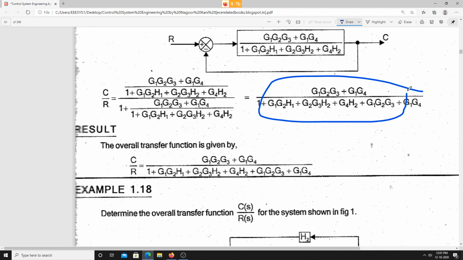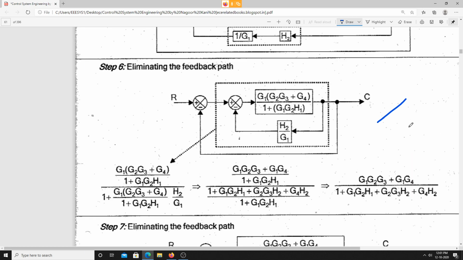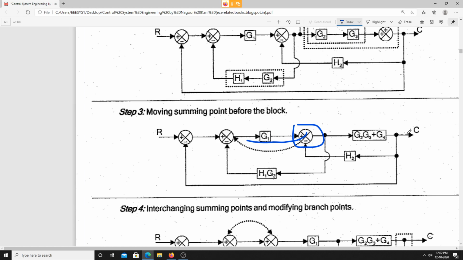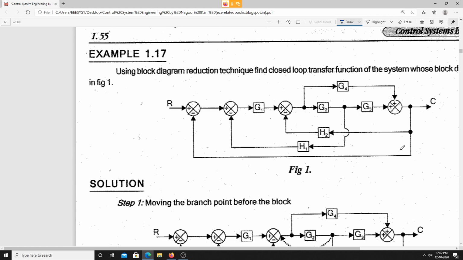I have just given a high level idea about the reduction technique. I hope that now you can solve the problem. Just solve the problem now. If any doubts you can ask me. Please everyone take this block diagram and solve that.